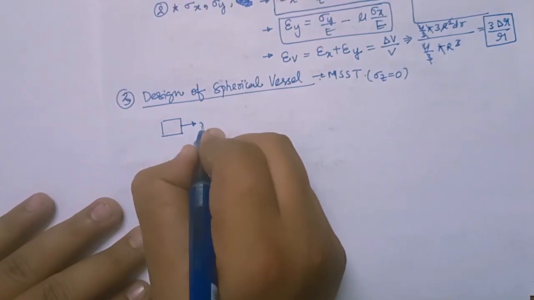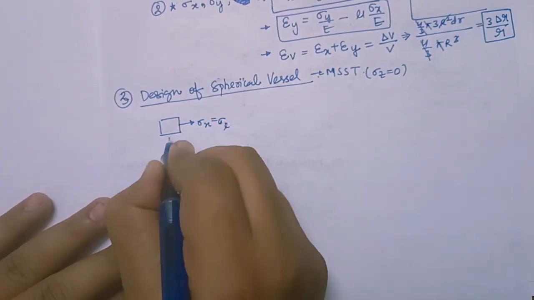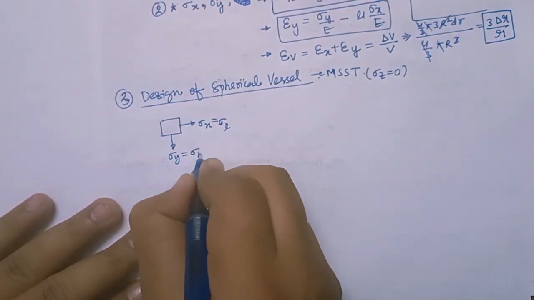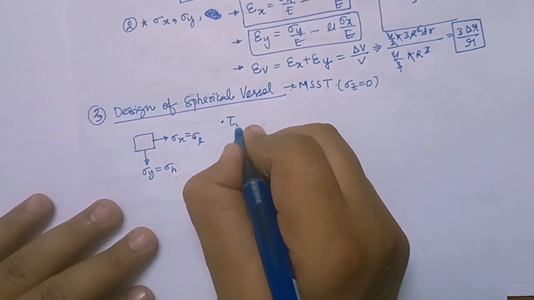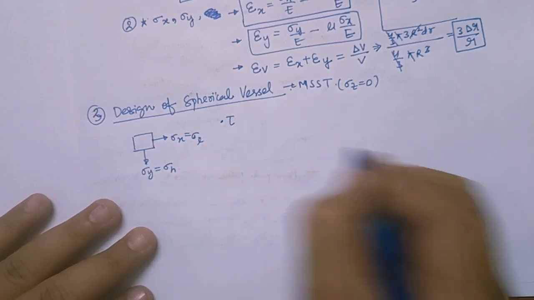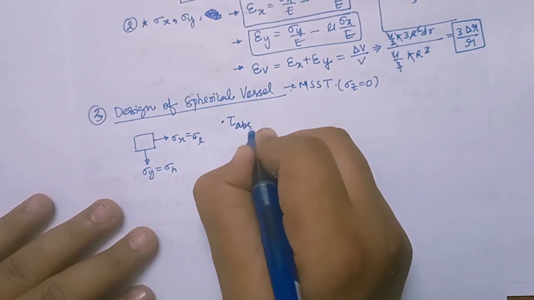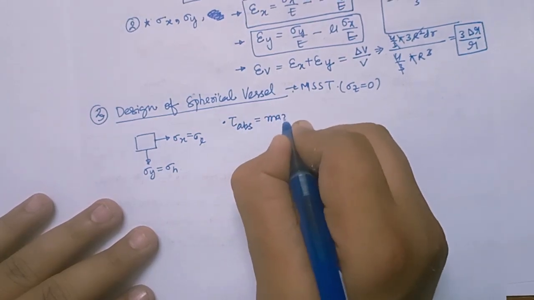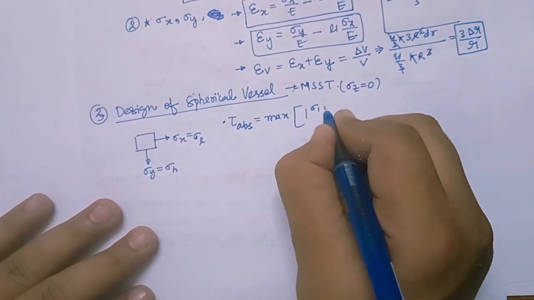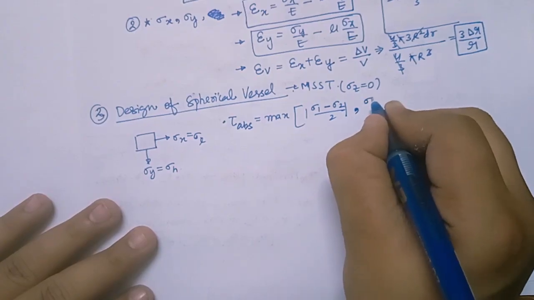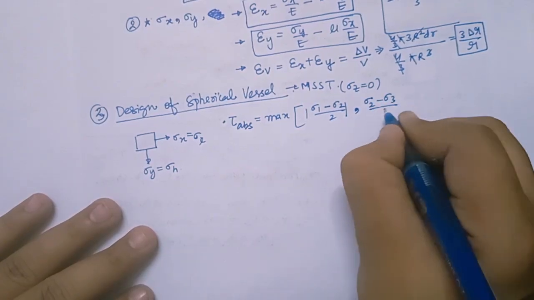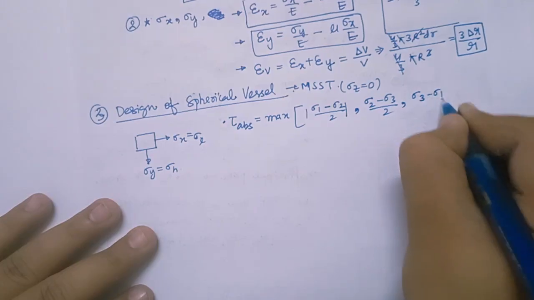So this is sigma x, that is sigma longitudinal. This is sigma y, that is hoop. If I want tau absolute, it will be the maximum of sigma 1 minus sigma 2 by 2, comma sigma 2 minus sigma 3 by 2, and sigma 3 minus sigma 1 by 2.